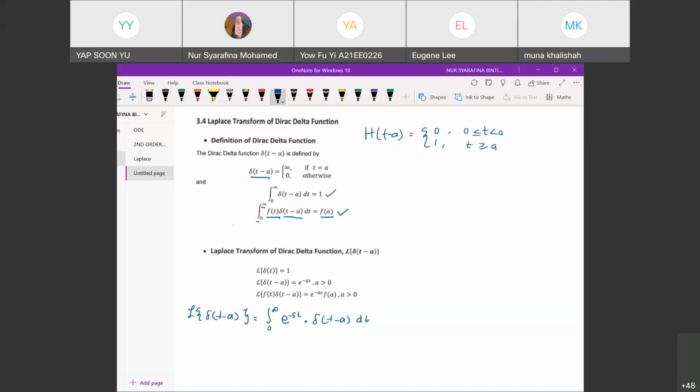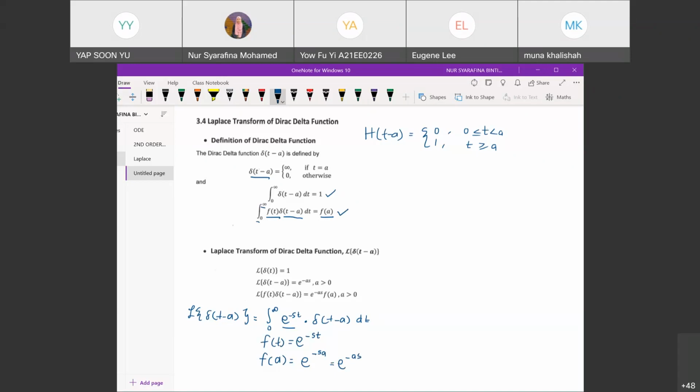So now, what is your f(t) here? f(t) here is exponent negative st. And if your f(t) equals exponent negative st, then f(a) will equal exponent negative sa, or exponent negative as. So that's why integrating f(t) delta(t minus a) will give you f(a).